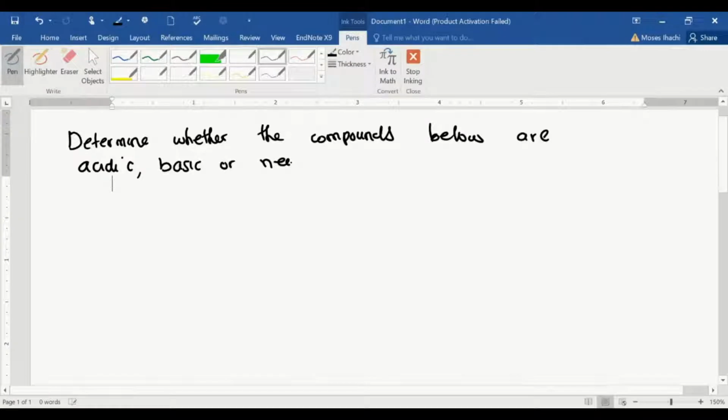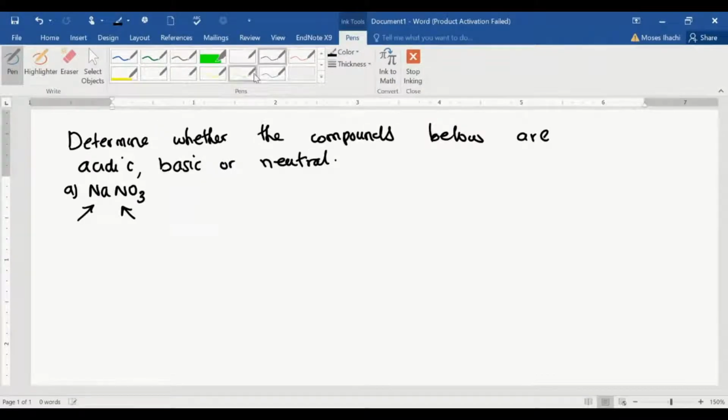Okay, so we are looking at general ideas on how to determine whether they are basic, acidic, or neutral. So the first one is sodium nitrate. Is sodium nitrate acidic, basic, or neutral? The way to tell is to ask yourself what two molecules will make this molecule.